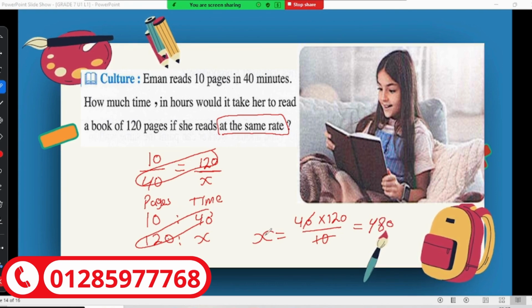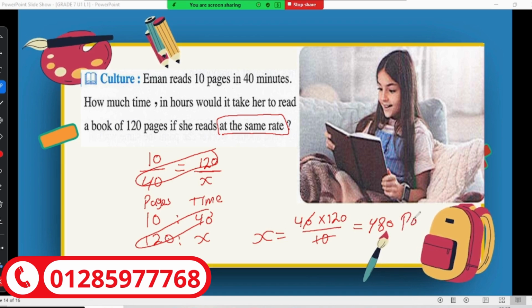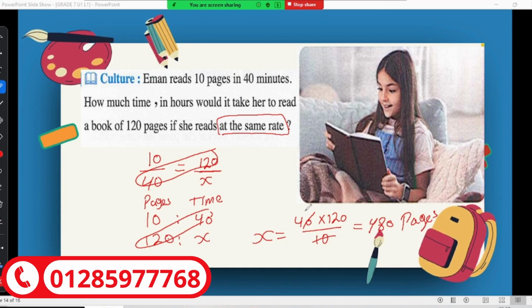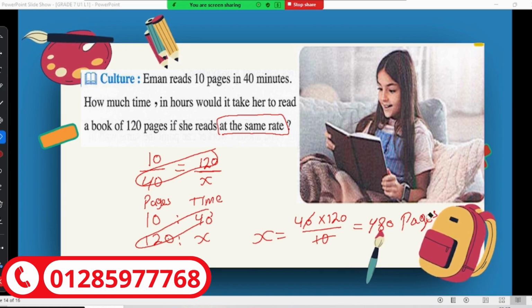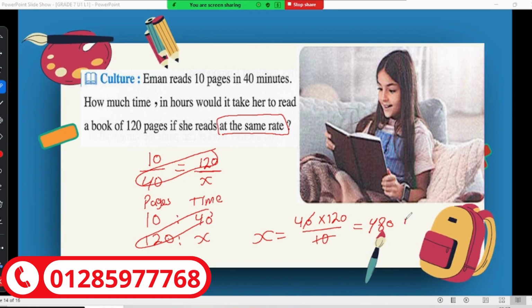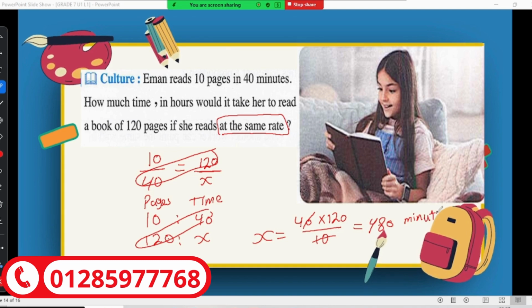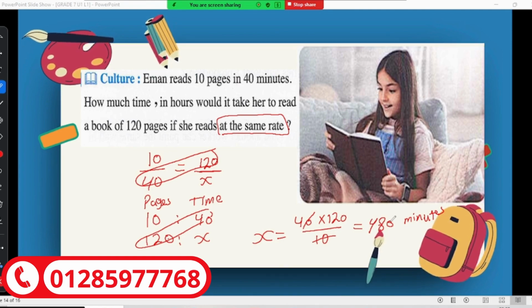Then she can read 120 pages in 480 minutes.